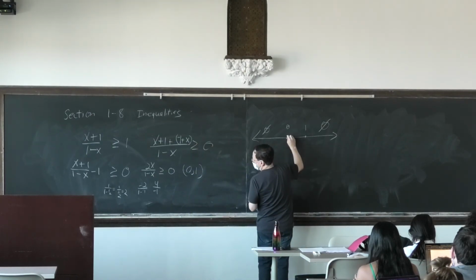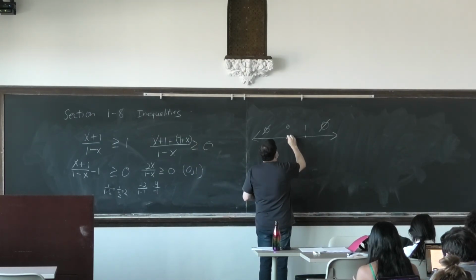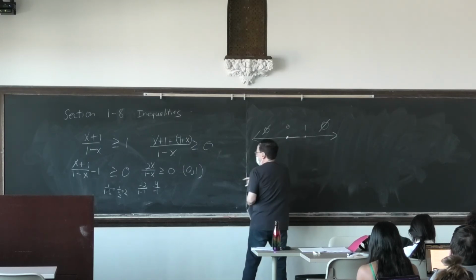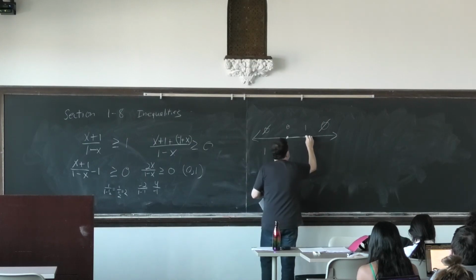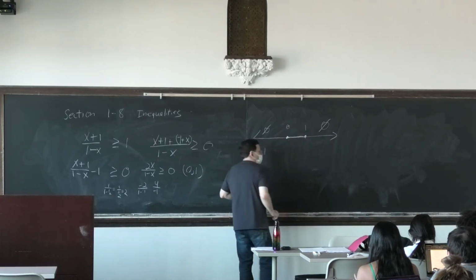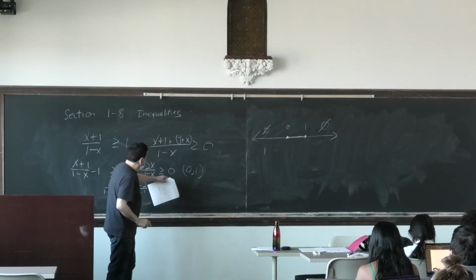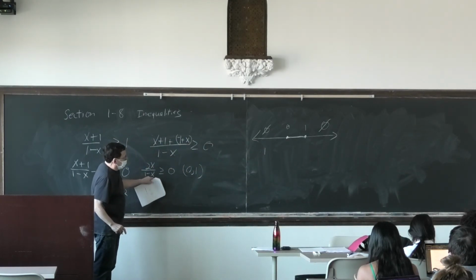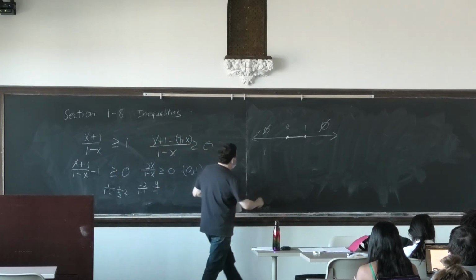So the knee-jerk reaction is, since it's greater than or equal to, say it's from here to here. But if we look a little closer, it can't be 1, can it? Because that would be undefined.